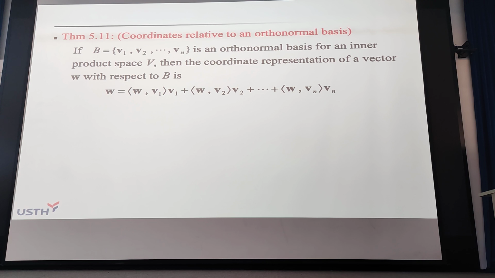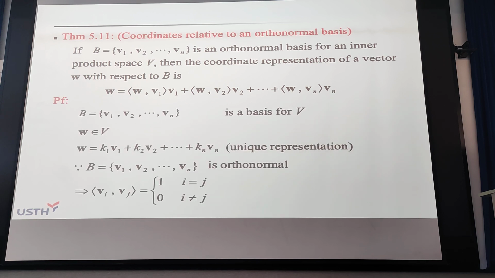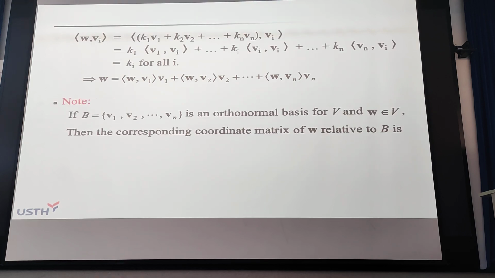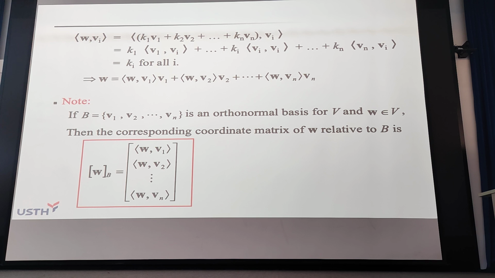Then the coordinate of any vector W relative to the basis B will be like that. In the next slide, I will show you the formula I prefer to use. Here is some explanation that I give for you to read, using some properties of the orthogonal and orthonormal system B. But now I would like to describe it here.